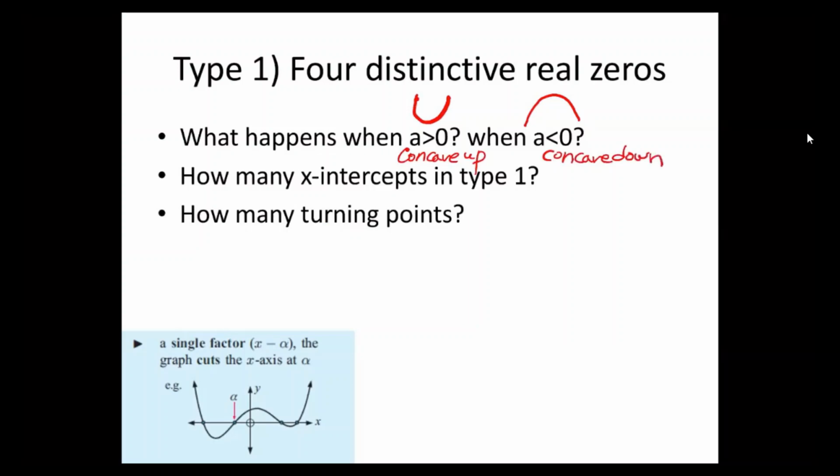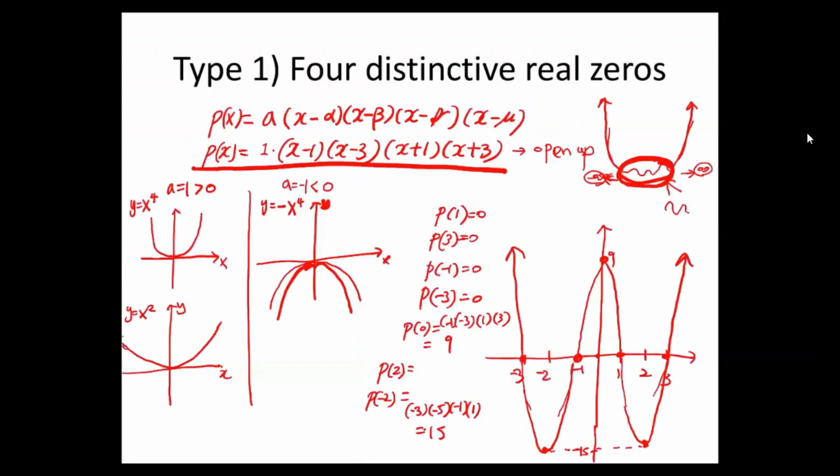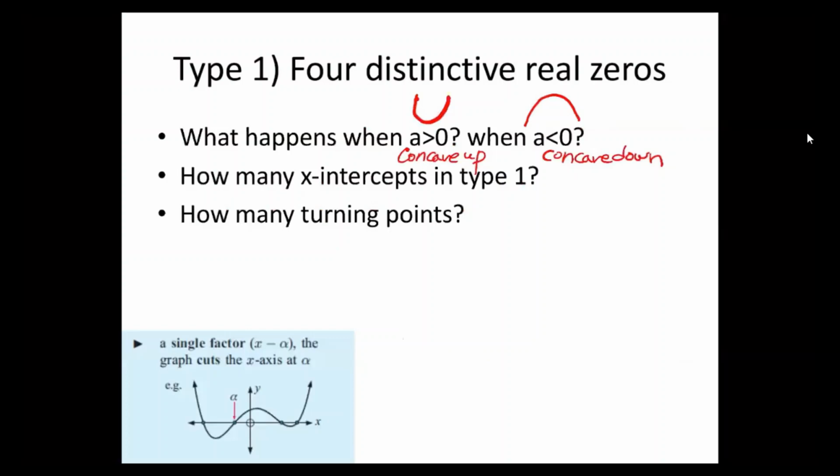Okay, how many x-intercepts did you have in type 1? So you had 1, 3, negative 1, and negative 3. How many did you have? 4. Exactly. 1, 2, 3, 4.